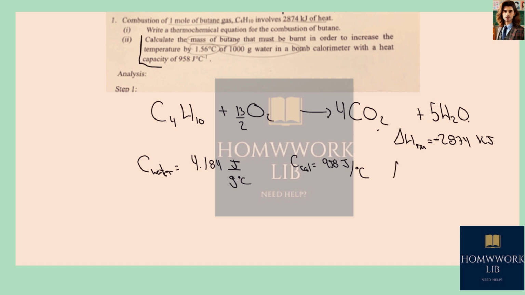And we want to achieve a change of temperature equal to 1.56 degrees Celsius. So over here, what we know is that the heat required for this is going to be equal to, well, let me write down the formula, sorry about that.